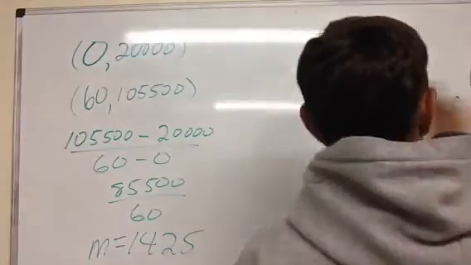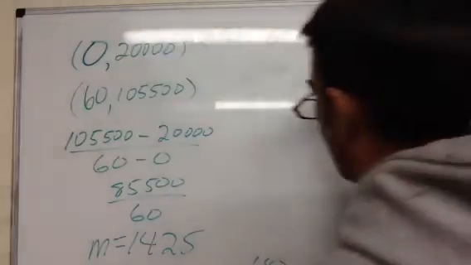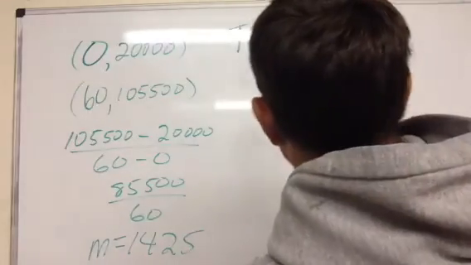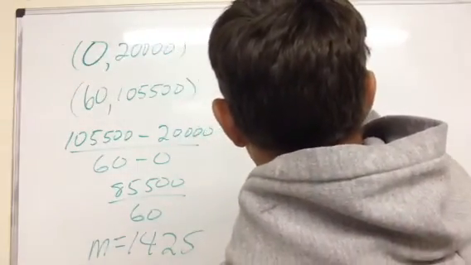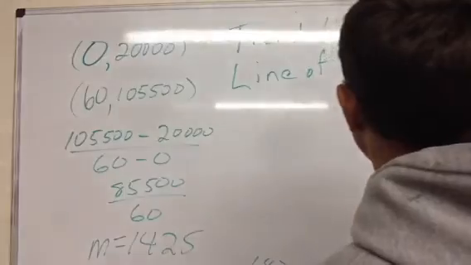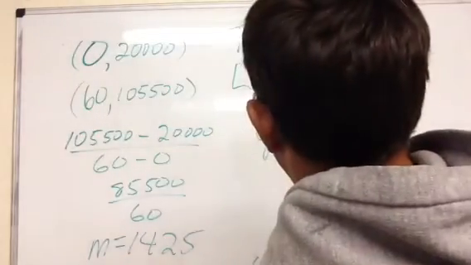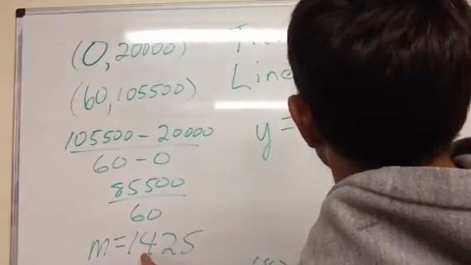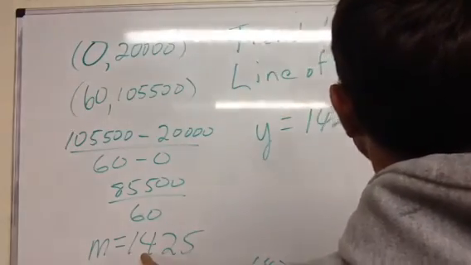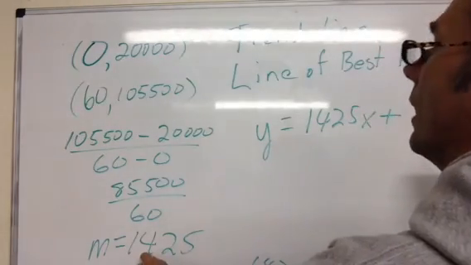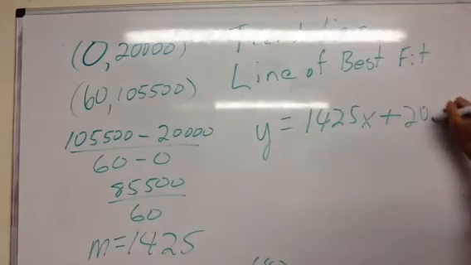So our trend line or line of best fit, and I'll kind of go back and forth with calling it this: y equals 1425x plus 20,000.